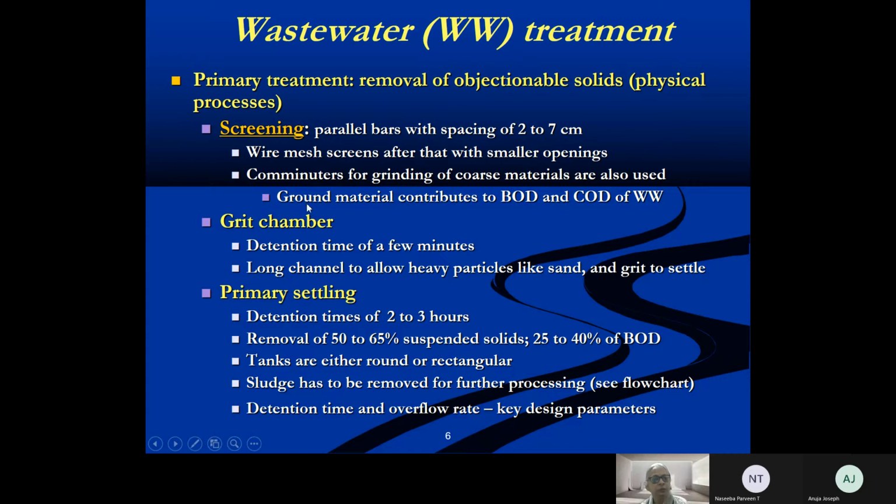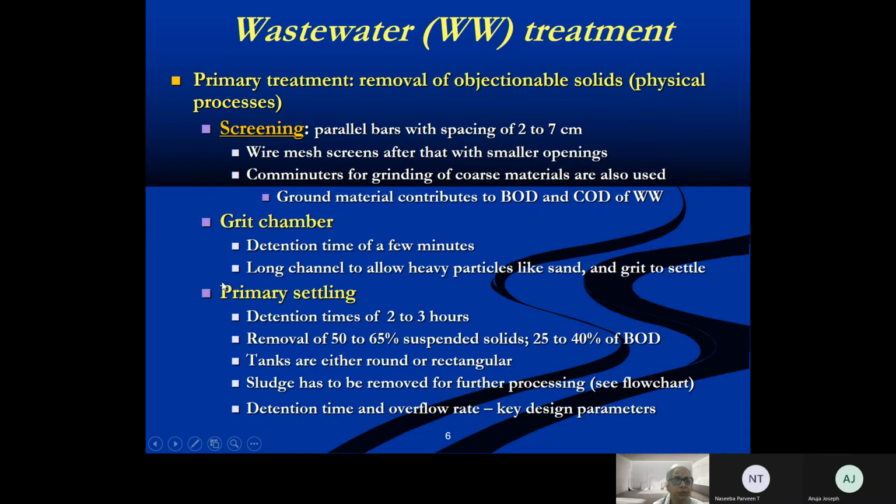This ground material contributes to the BOD and COD of the wastewater. Remember, BOD and COD are associated with organic matter.